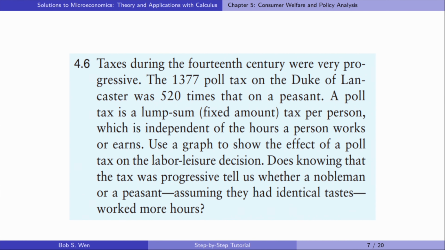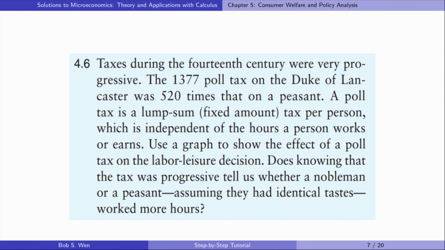Let's solve exercise 4.6. Taxes during the 14th century were very progressive. The 1377 poll tax on the Duke of Lancaster was 520 times that on a peasant.